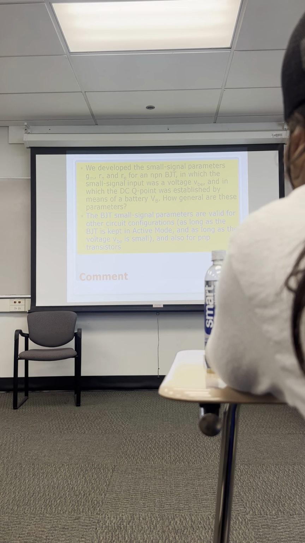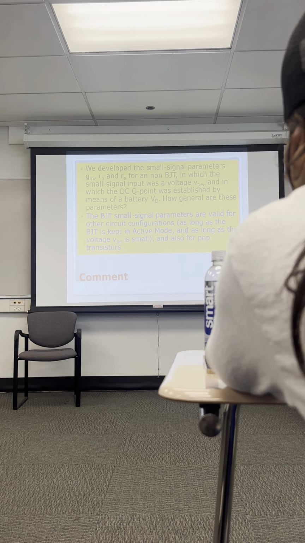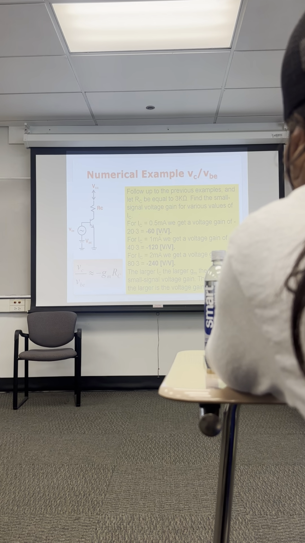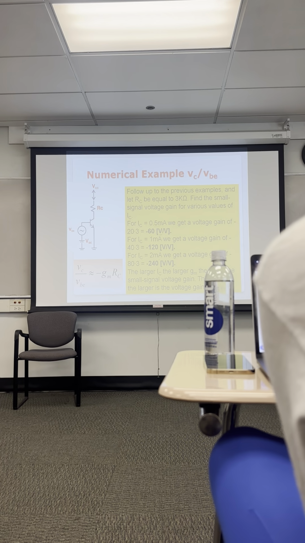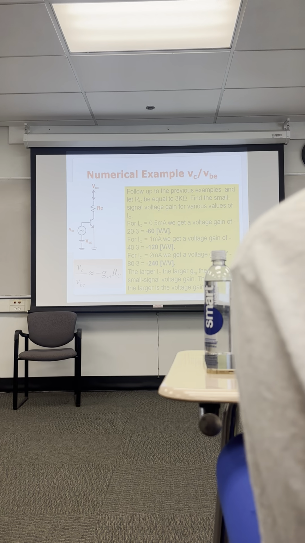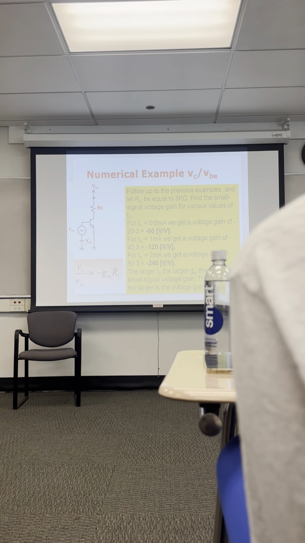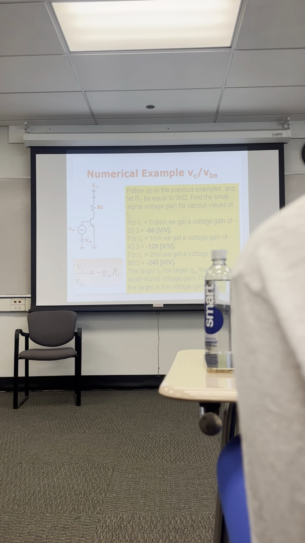The comment here basically means the same thing as for P and P. Now the circuit here is not practical, because we want to avoid bringing in another battery to bias the base-emitter.